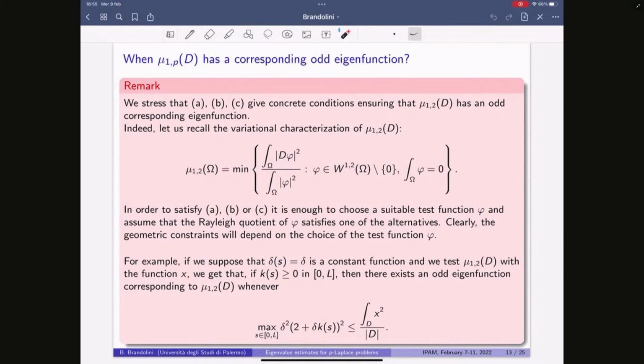For example, in a very simple situation with delta constant, we test μ1 with a very simple function, which is x, odd with respect to the vertical axis. In the first case, when k is greater or equal than 0, there exists an odd eigenfunction corresponding to μ1 whenever the maximum of delta squared times (2 plus delta k) squared is less or equal than the ratio between the moment of D and the measure.